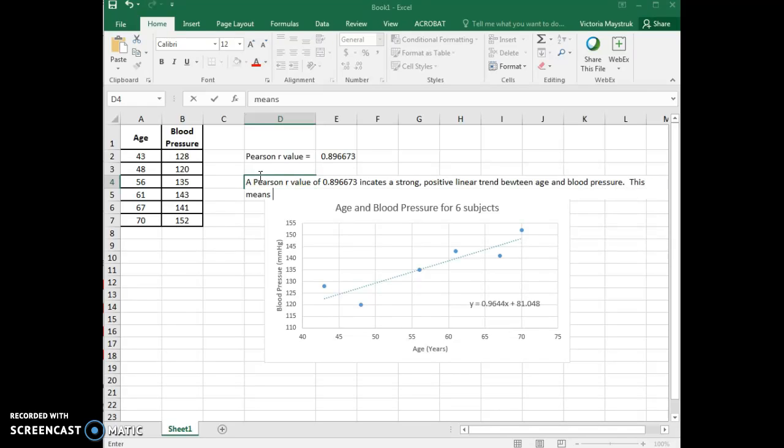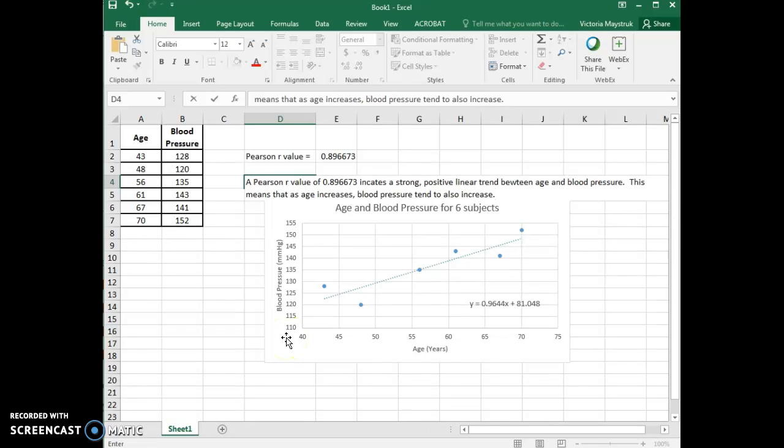This means that as age increases, blood pressure tends to also increase. That's it.